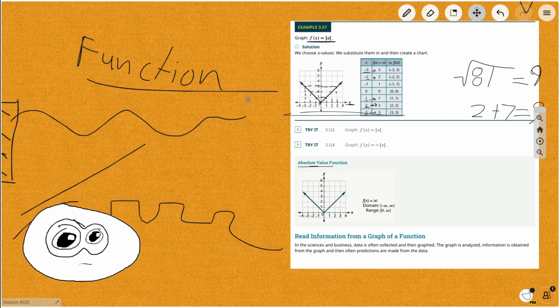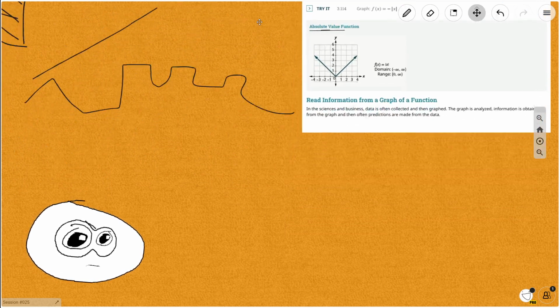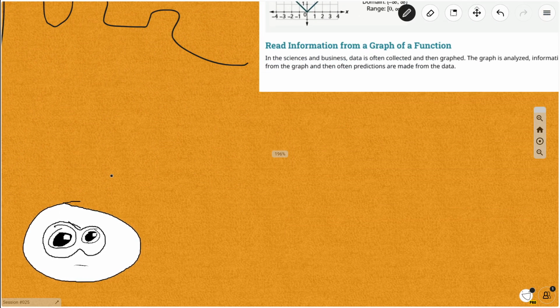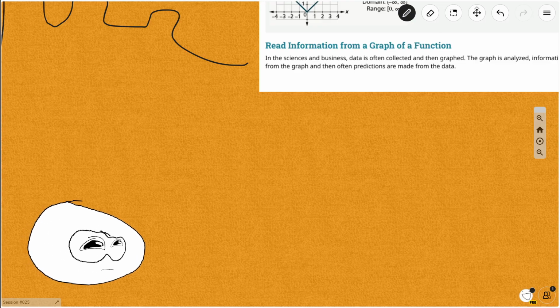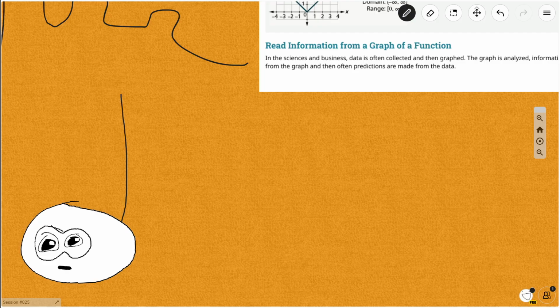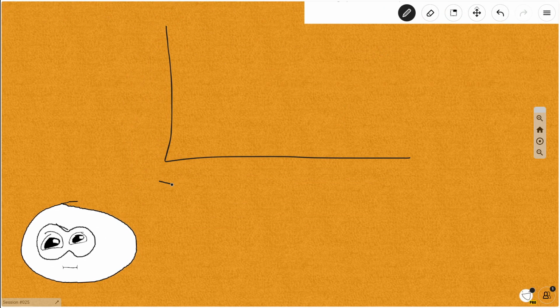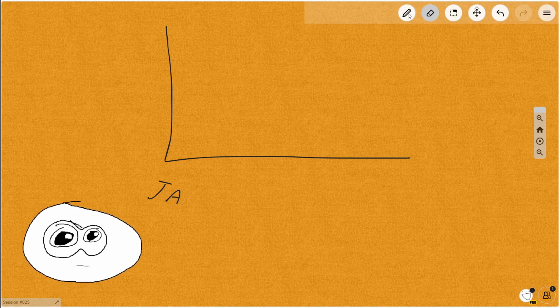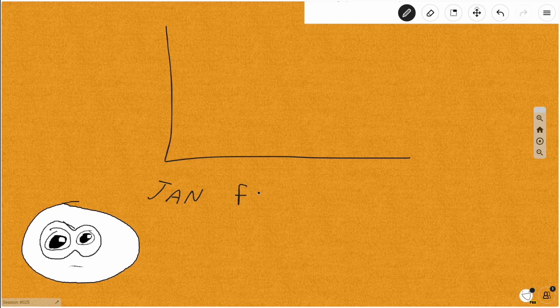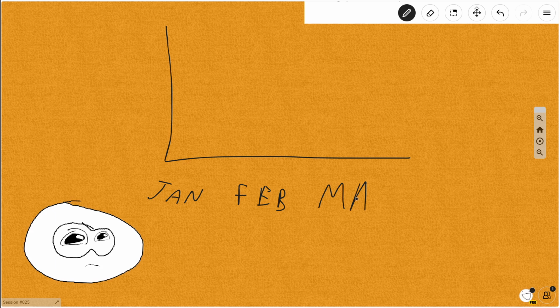And this is kind of the beginning of where people look at bar charts and graphs. Say, for example, someone has a set of numbers, right? It's usually something like months by number. Let's go back to business. Let's pretend it's January, February, March.